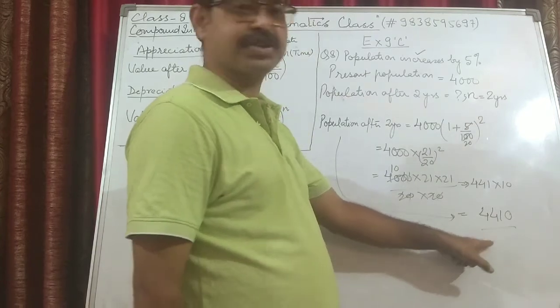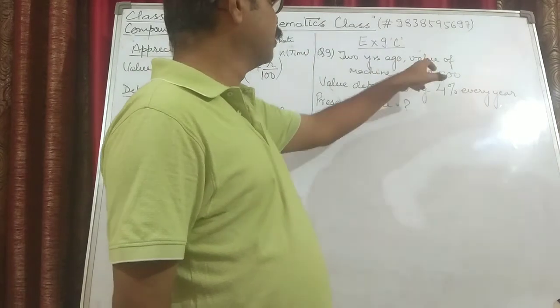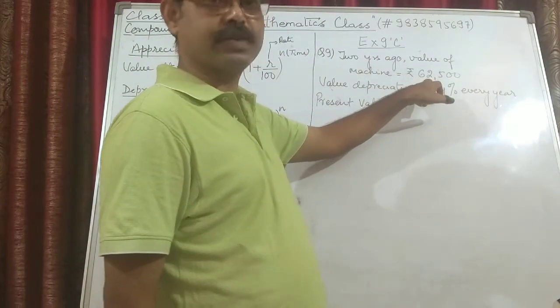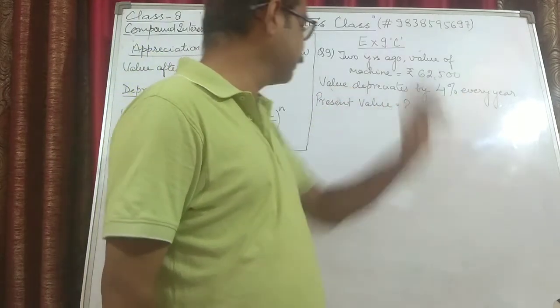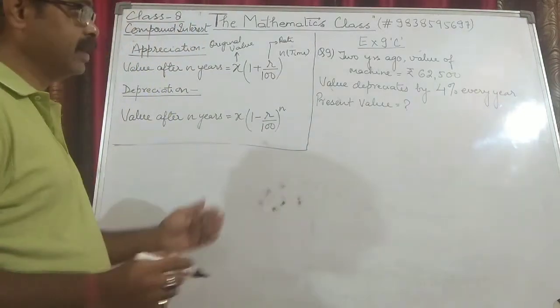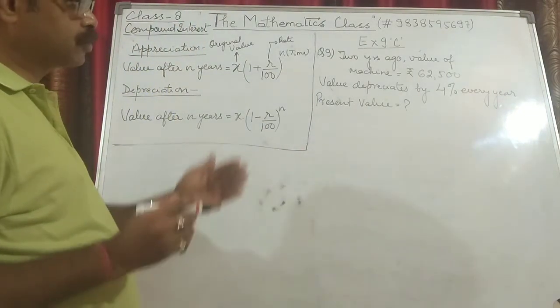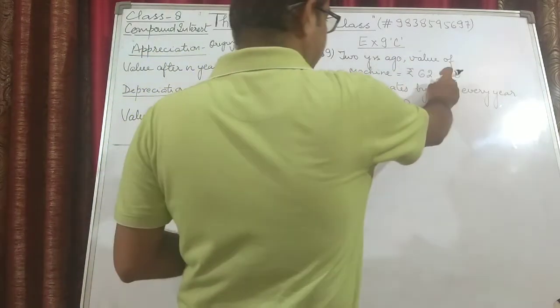Now we move on to question number 9. Question number 9 says 2 years ago the value of a machine was 62,500 and its value depreciates by 4% every year. You have to find the present value. So if we take that today's value, let today's value be 62,500.